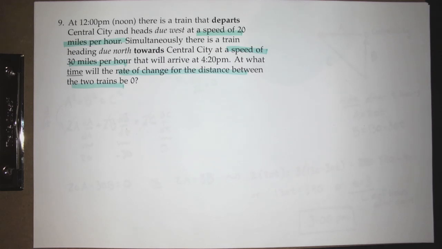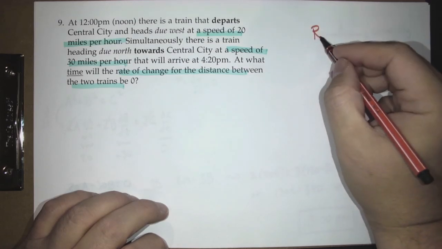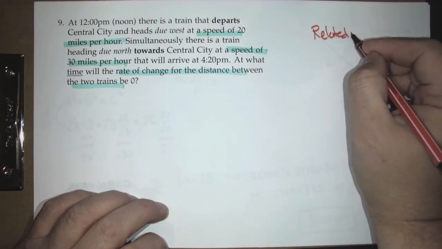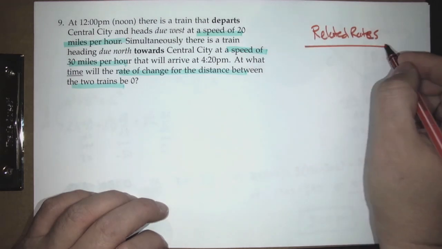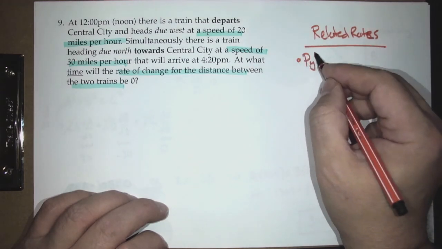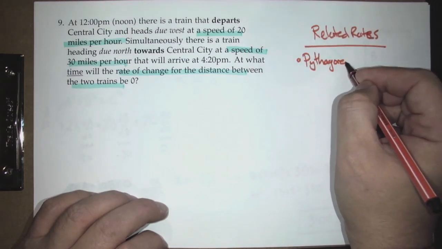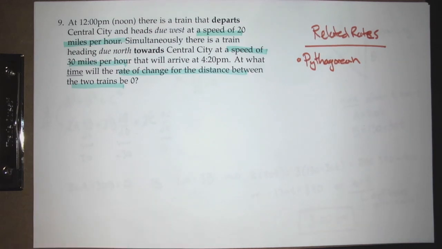Now, when you see related rates, they basically fall into a few very basic categories. They are Pythagorean theorem. You have Pythagorean. Now, when do you apply Pythagorean?